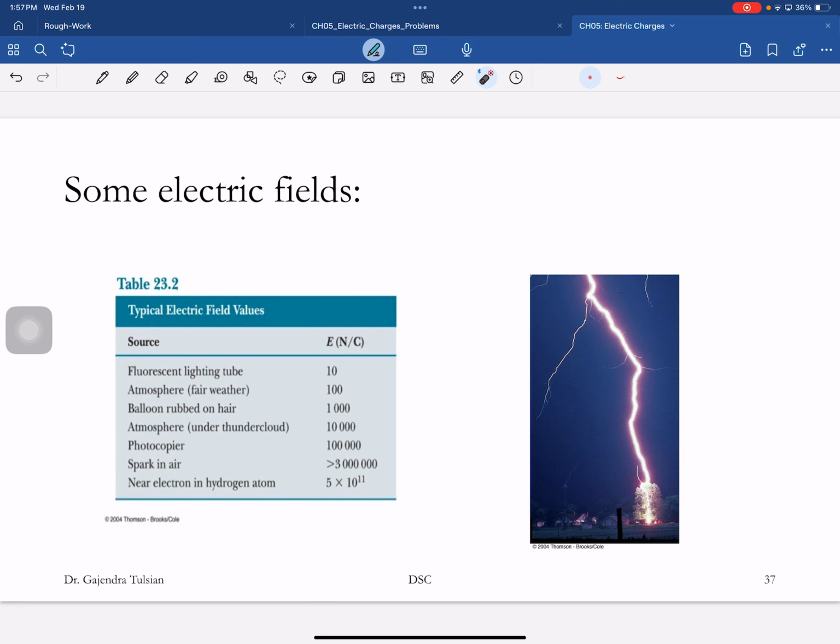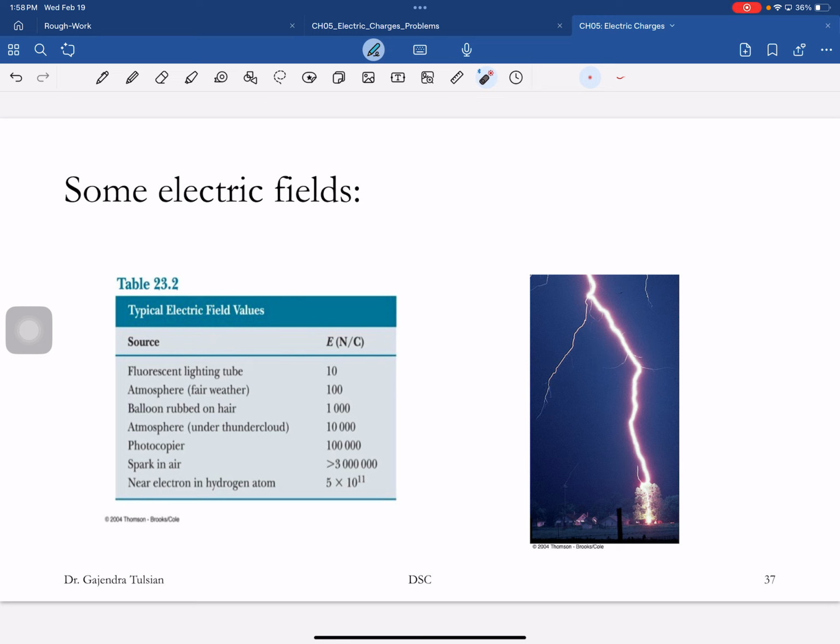All right, so here are some electric field strengths in various environments. Inside a fluorescent light bulb, the electric field is 10 Newton per Coulomb. Anytime you see a spark in air, lightning is a big spark, the electric field there is greater than 3 million volt per meter, or 3 million Newton per Coulomb.